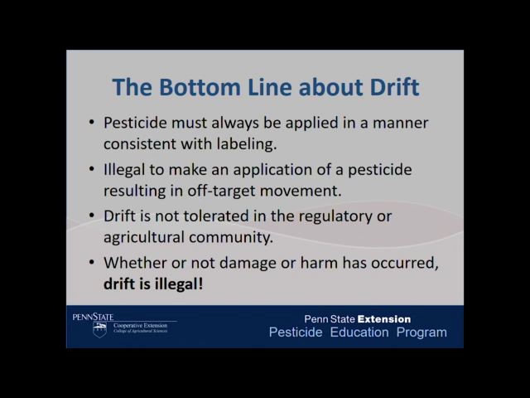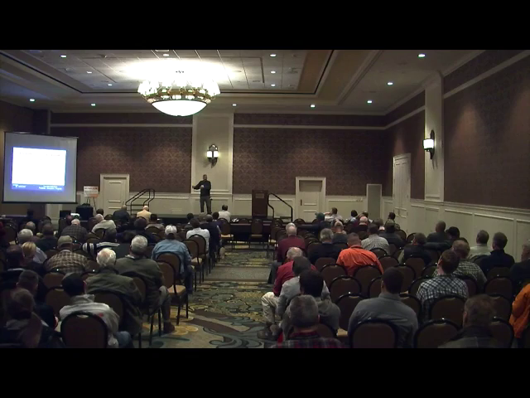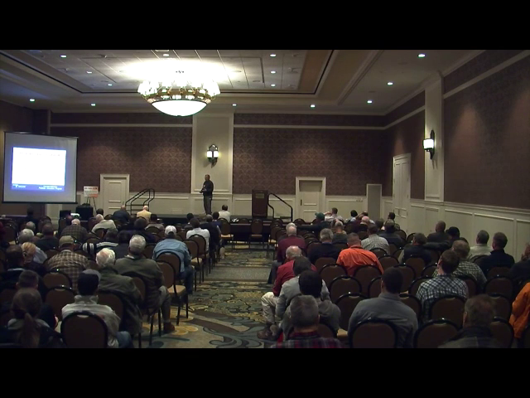And whether or not damage or harm has occurred, drift is illegal. So don't think that, well, I don't have drift because I don't see any damage. If somebody complains and they can prove that that pesticide moved off target to their property, that's an illegal application resulting in the drift. So you don't have to see damage for it to be proclaimed illegal drift.